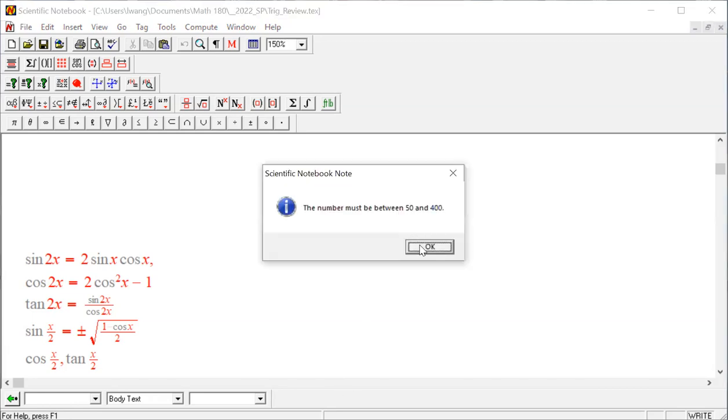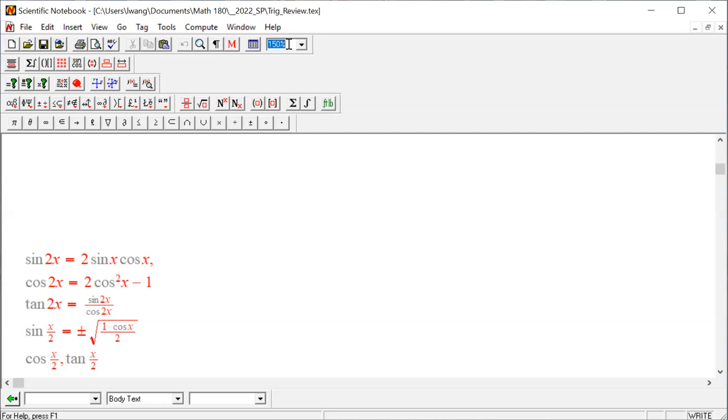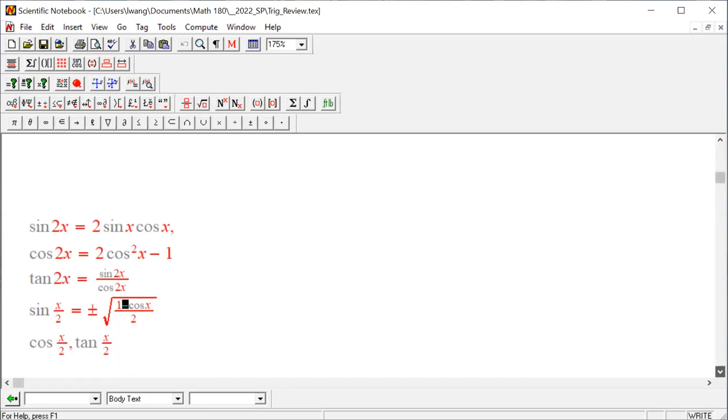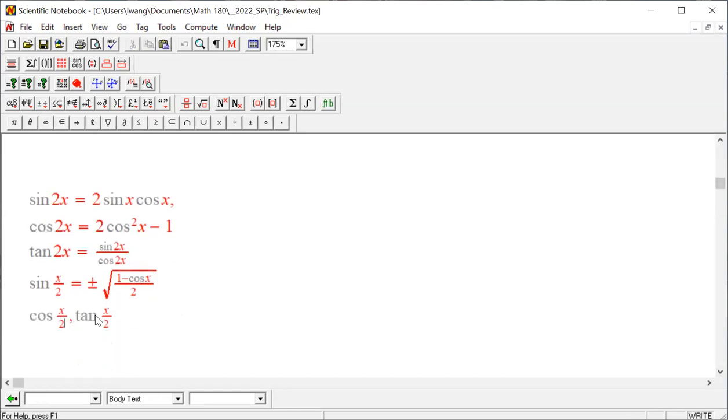When we apply these formulas, we have to determine the sign according to where the half angle terminates.